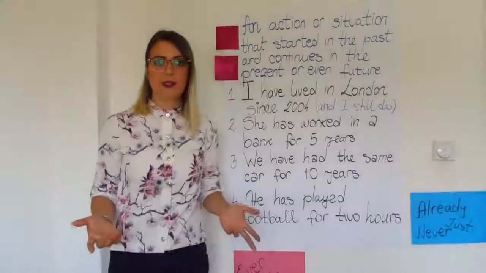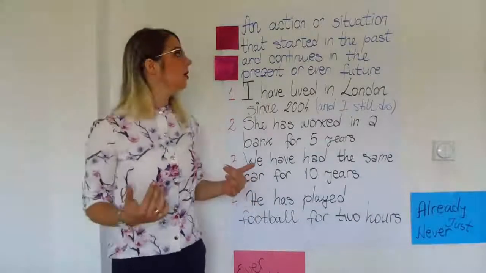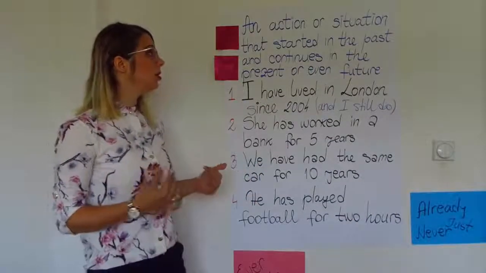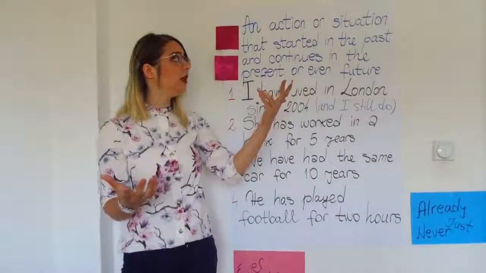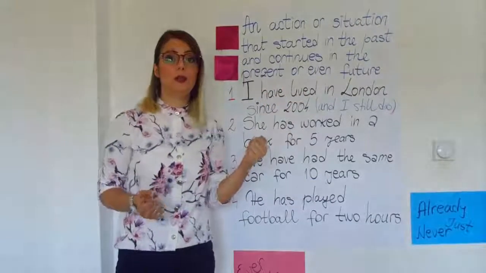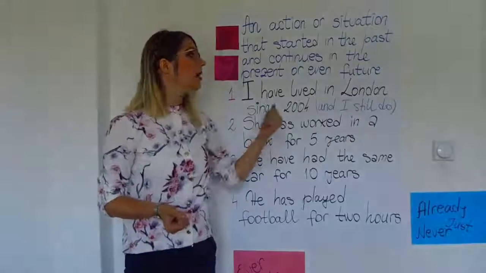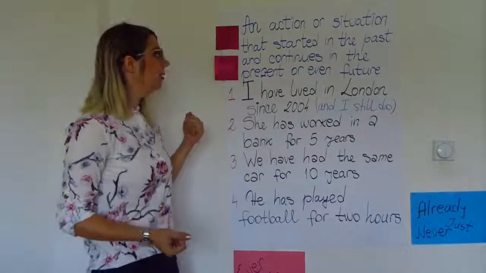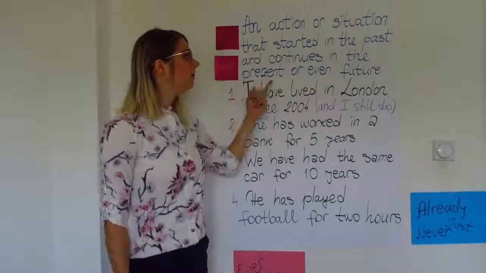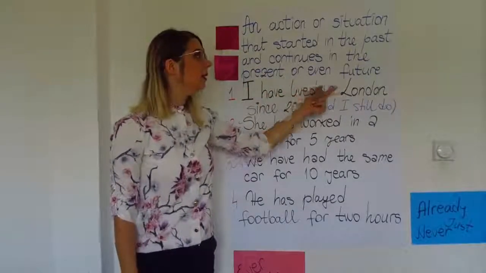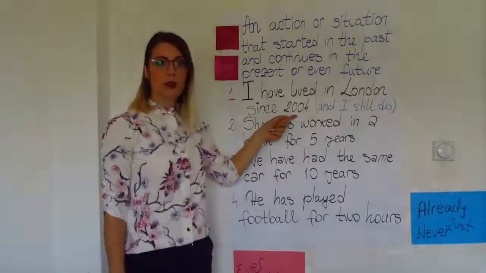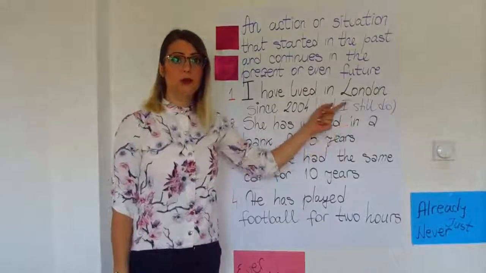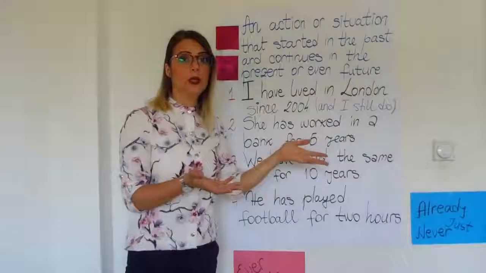Present perfect tense is used to describe an action or situation that started in the past and continues in the present or even the future. Like, for example, I have lived in London since 2004, and I still do, and I probably will.